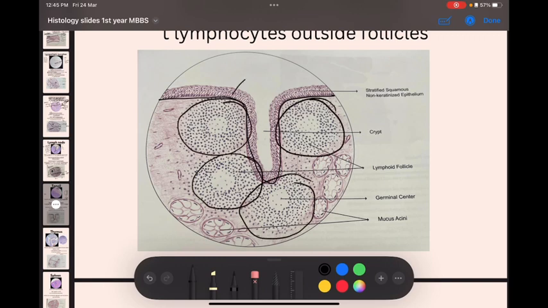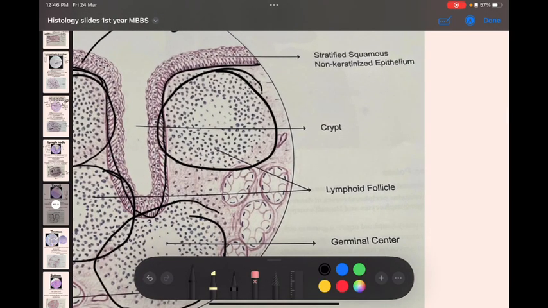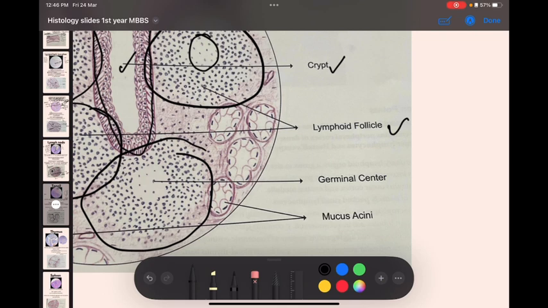The epithelium is similar to skin, stratified squamous, but here there is no pigmentation. So: non-keratinized stratified squamous, crypts, lymphoid follicle, germinal center, and then the main distinguishing feature is mucus acini.